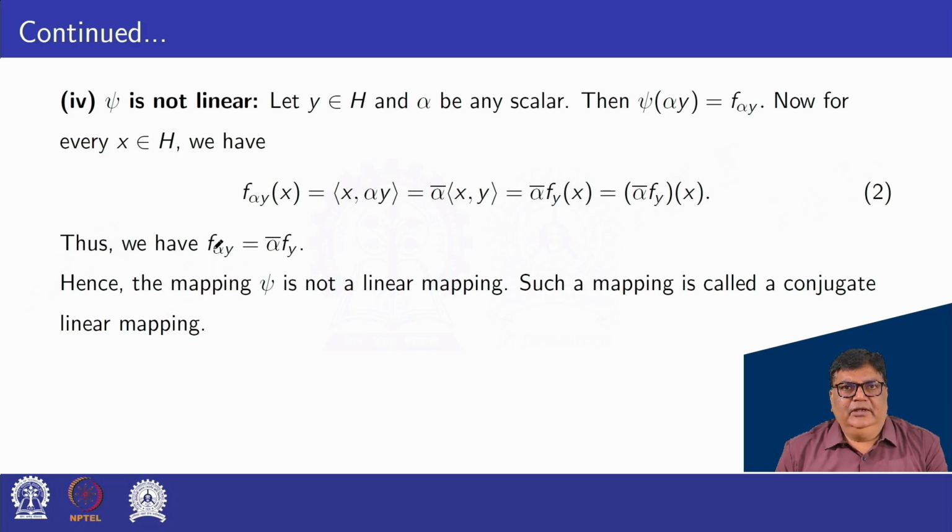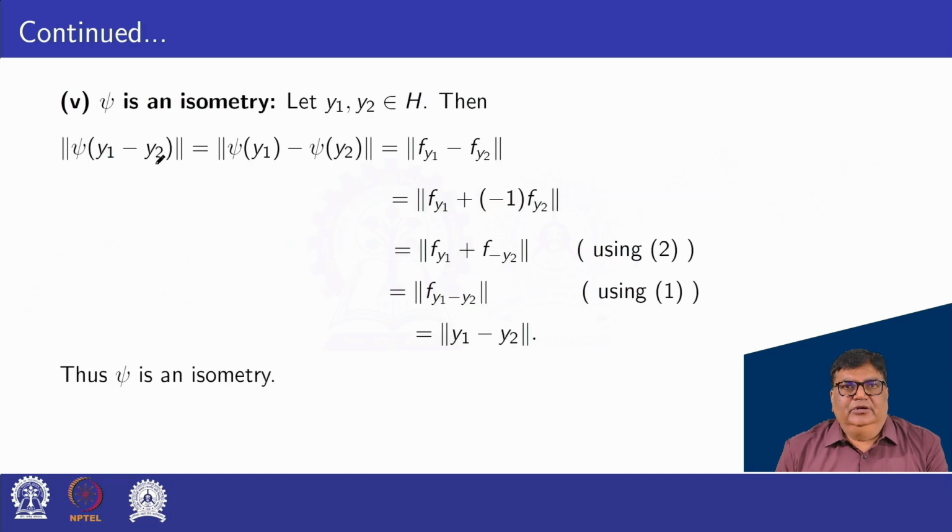So psi y is equal to f_y. So if alpha is equal to 1, that is linear.